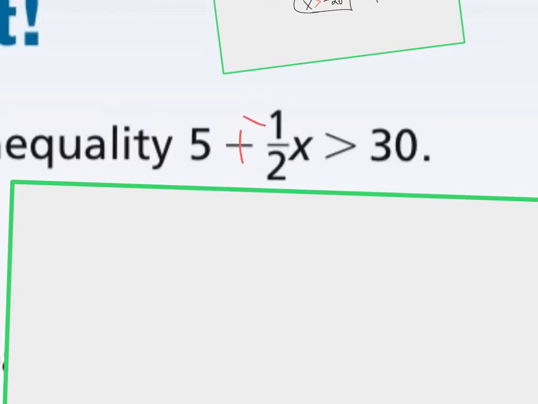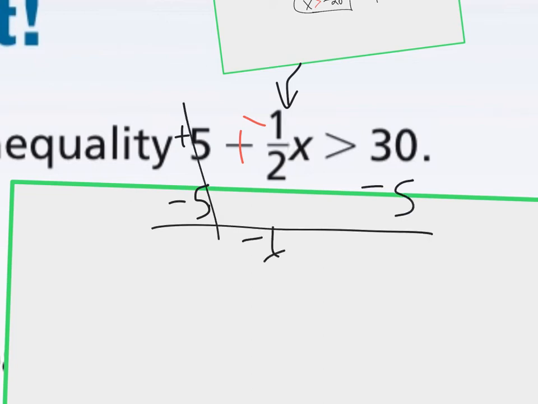You may want to add the opposite first here and think about basically that we want to get the negative 1/2 x by itself. We want to get rid of the 5. So there's not a sign in front of the 5 means it's actually positive. If you want to put a positive 5 there, you can. How do we get rid of a positive 5? Subtract 5. Good.